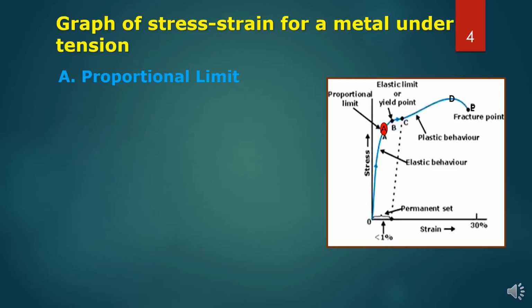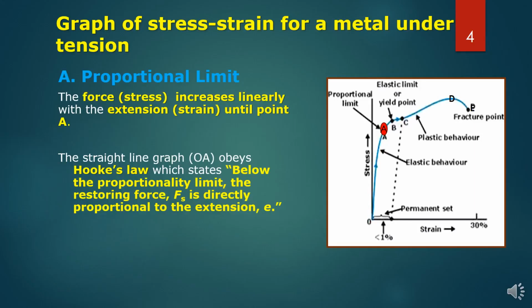Point A, proportional limit. The force increases linearly with the extension until point A. The straight line graph path OA obeys Hooke's law, which states below the proportionality limit, the restoring force is directly proportional to the extension.